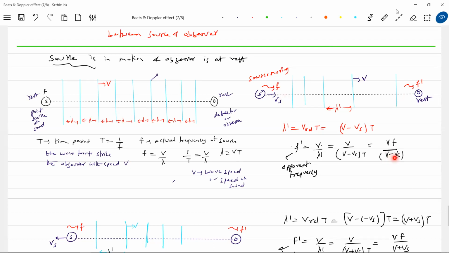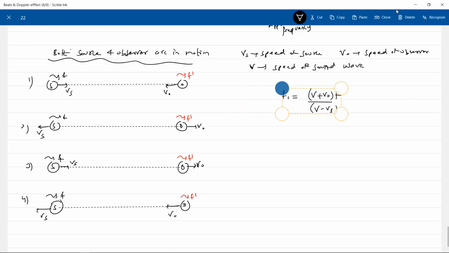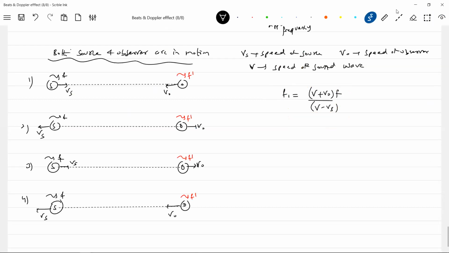In the denominator it was V minus Vs. This is the apparent frequency in the first case. F is the actual frequency. We'll define F also. What is F? This is the apparent frequency in the first case.